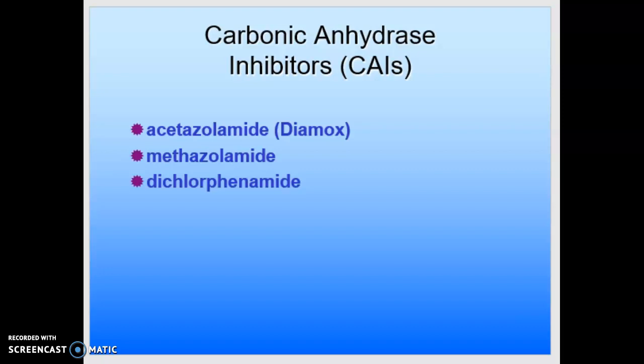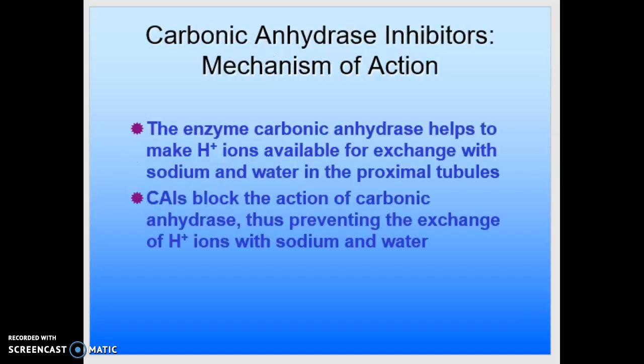Now we know their names, but how do they work? Well, to understand how they work, we have to understand carbonic anhydrase. Carbonic anhydrase is an enzyme that helps to make the hydrogen ions available for exchange with sodium and water in the proximal tubules.